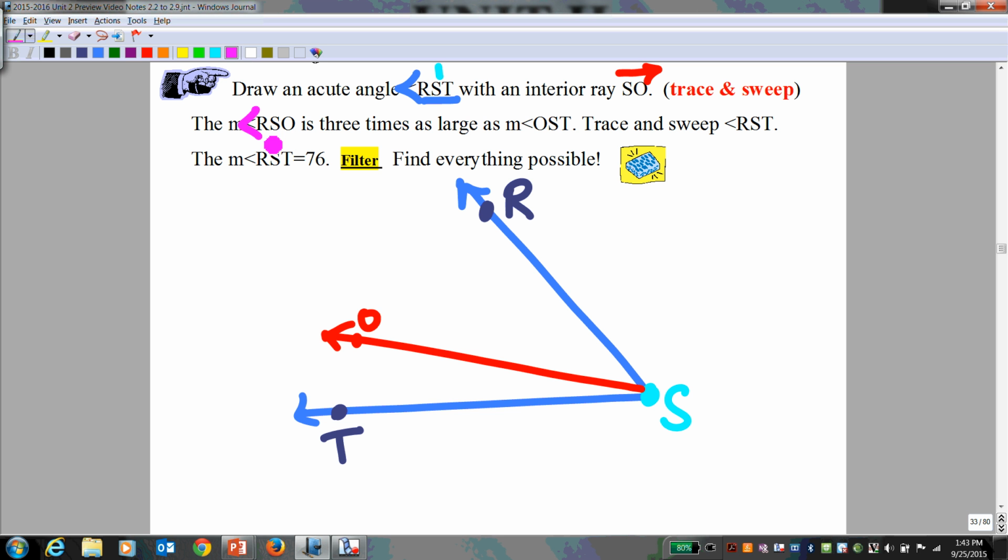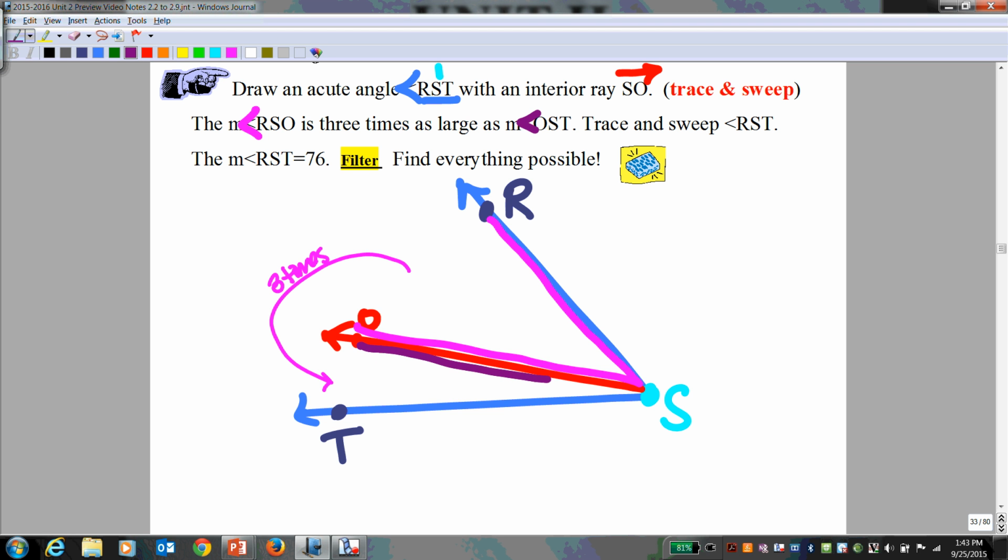Now it says the measure of angle RSO is 3 times as large as the measure of angle OST. To be very trace and sweep, RSO is 3 times as large as the angle OST.